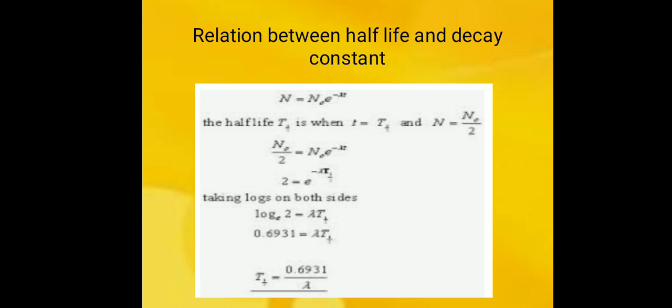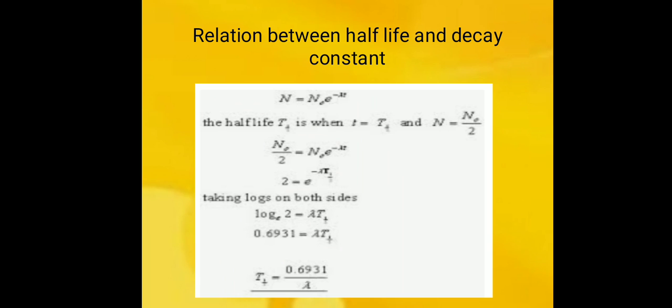Then next is the relation between half-life and decay constant. Now what is this decay constant? In the previous class we have seen Rutherford-Soddy's law, right? N is equal to N0 e raised to minus lambda T, where lambda refers to the decay constant.